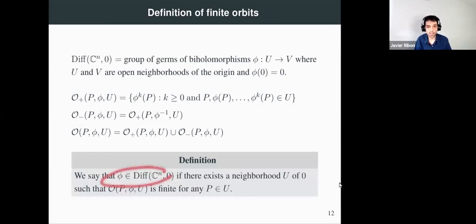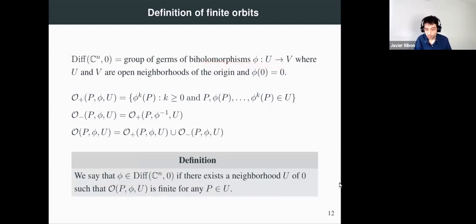We say that a local biholomorphism has finite orbits if there exists a neighborhood U of the origin in Cn such that the orbit of the point P by phi in U is finite for any P in U. Of course, you can have a biholomorphism of this kind that does not have finite orbits, but it can have finite orbits in a smaller domain.